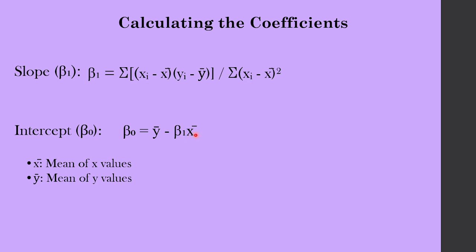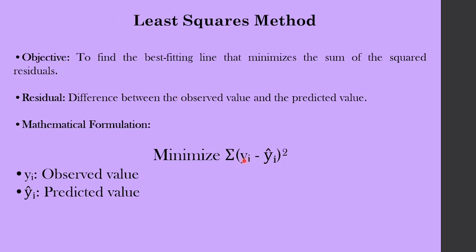From this, we get the intercept. These values come from the points on the curve that we get after minimizing the sum of residual squares.